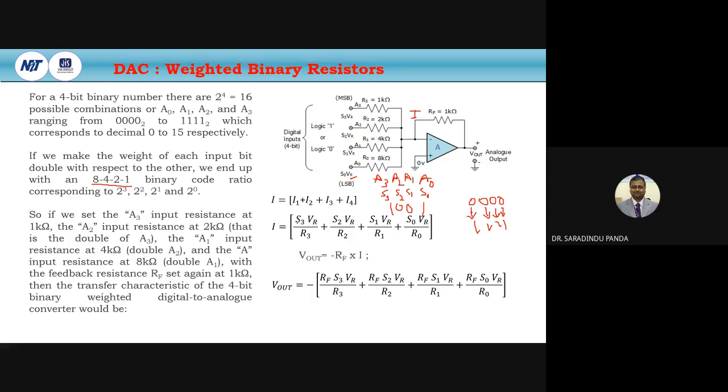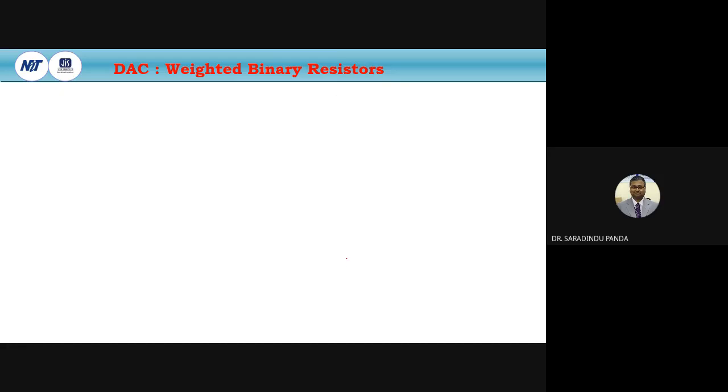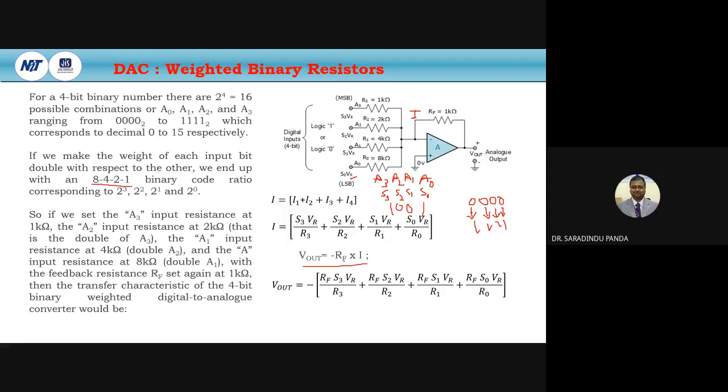That means S3 VR by R3, S2 VR by R2, S1 VR by R1 and S0 VR by R0. The Vout is I into RF at the inverting terminal.